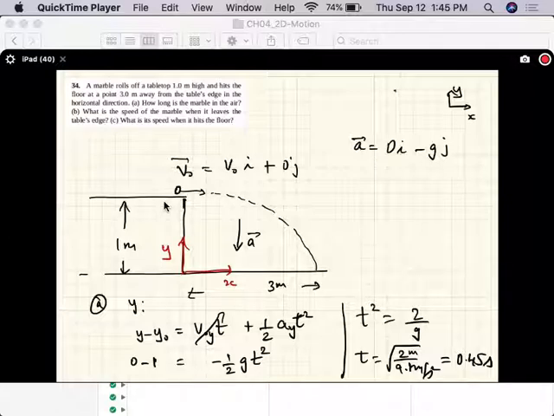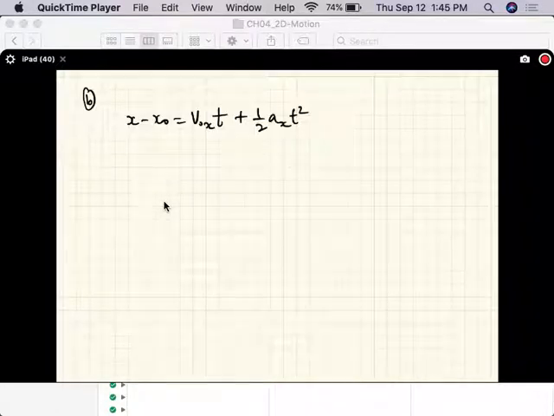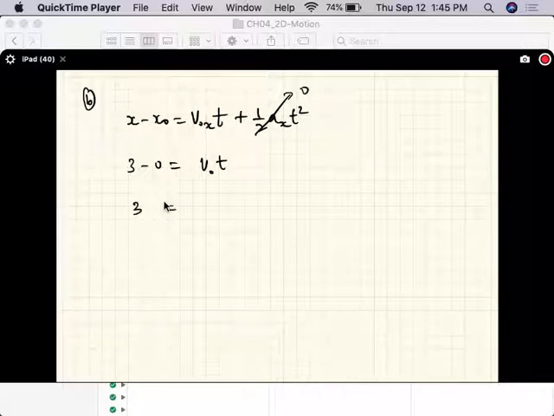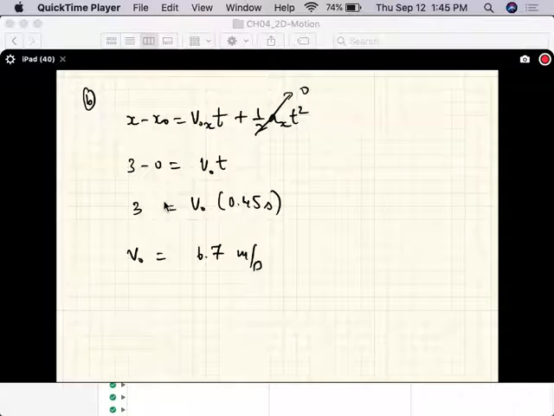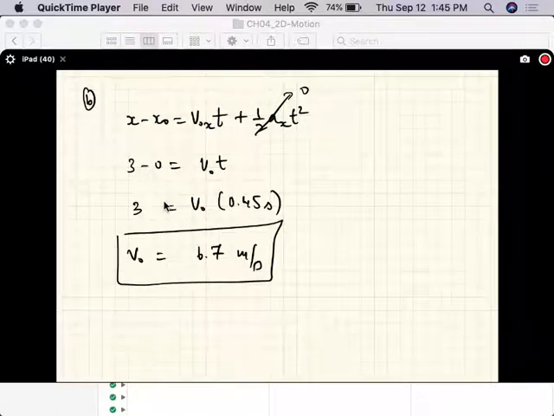And here is the x component of the velocity. So we put all that information here: 3 equals v naught t, plus 0. We know that it lands 0.45 seconds later, so v naught works out to be, so that's the speed at which it took off.